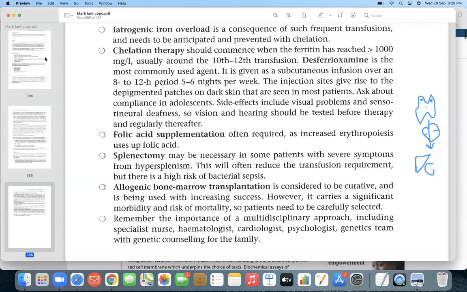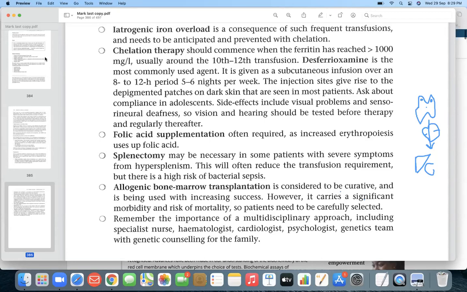So for indications for splenectomy in thalassemia, you have to remember 3 points. One is hypersplenism or too large a spleen, causing difficulty for the child, and increased blood transfusion requirement, more than 240 ml per kg per year.